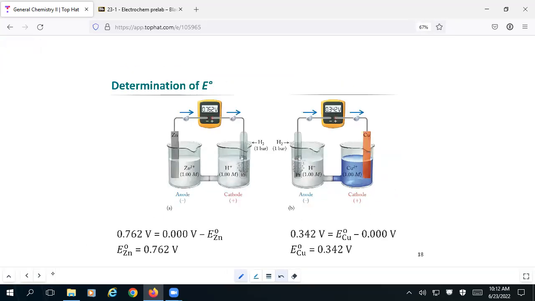And so if we look at it from this perspective, here I have the two voltages hooked up to the standard hydrogen electrode. And I can see that, okay, copper has a value of 0.342 volts.